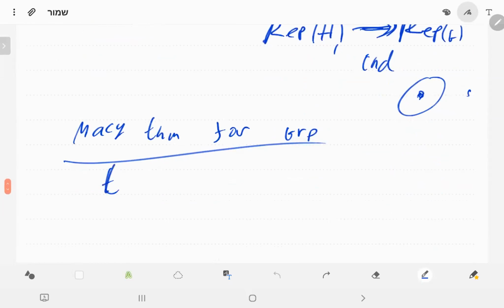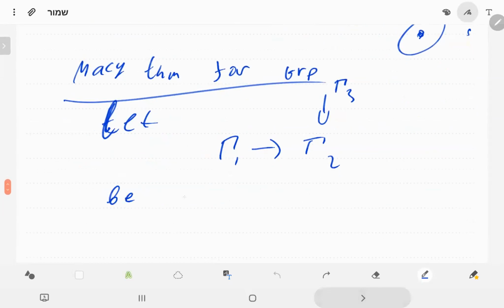So let gamma 1, gamma 2, gamma 3, with phi and psi, be groupoids.